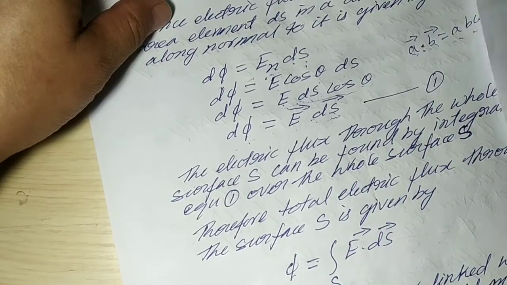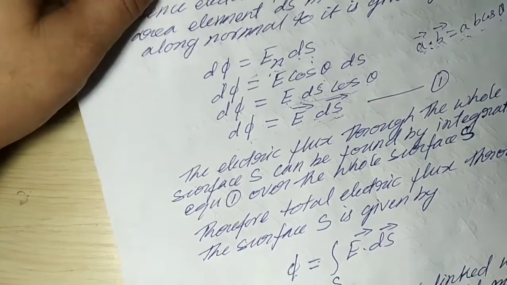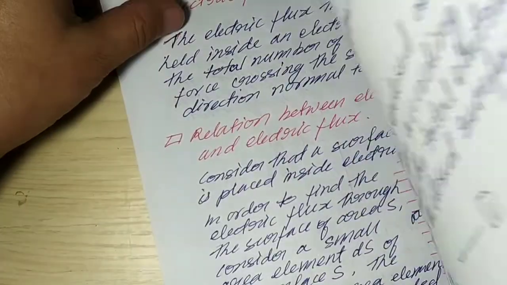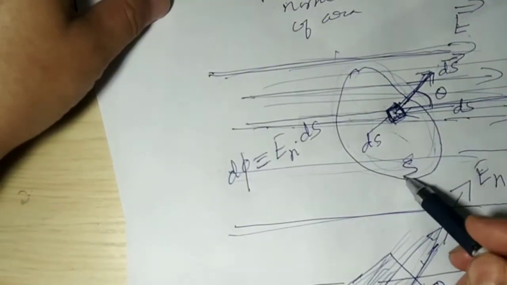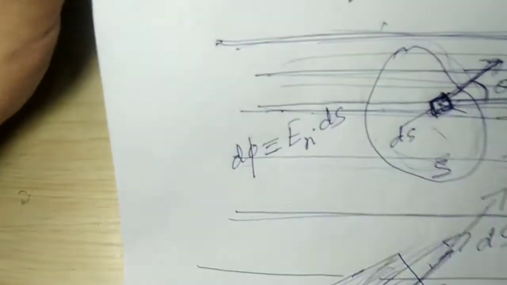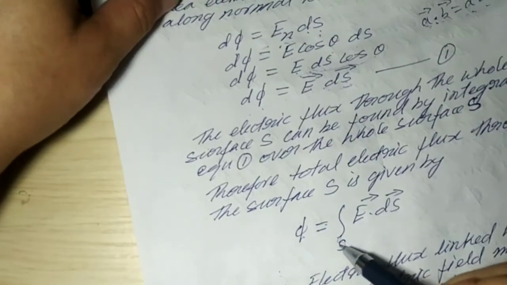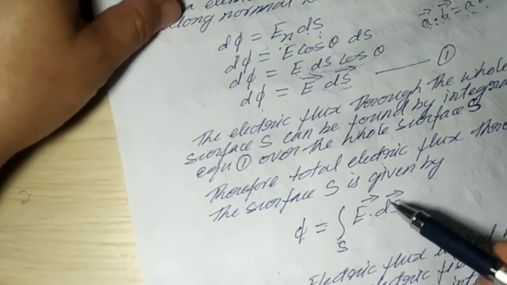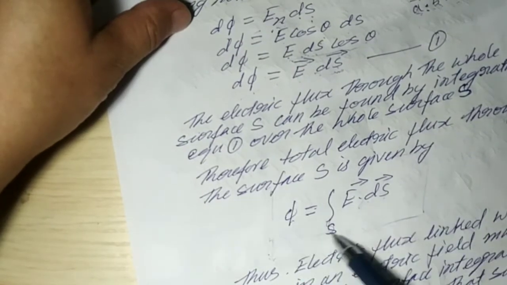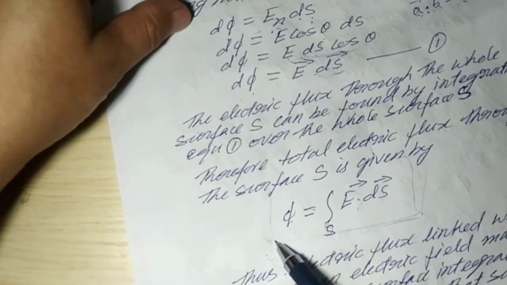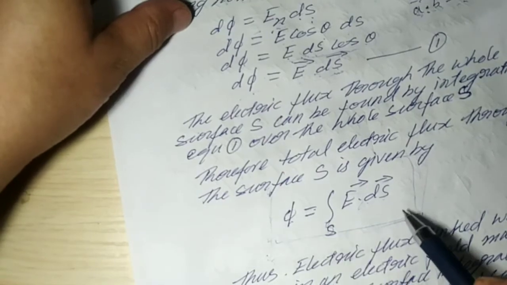The total surface is S, so we integrate over S, E dot ds. So this is the electric flux over a surface S.